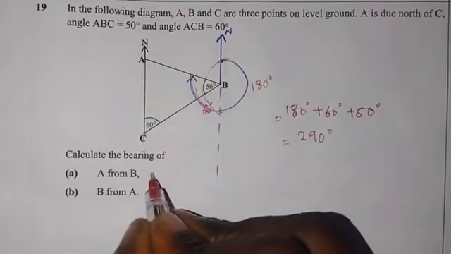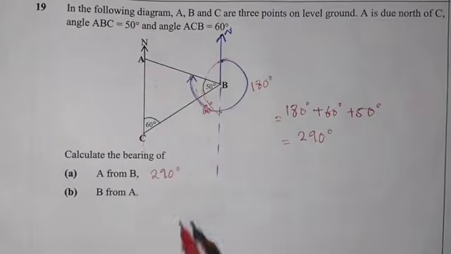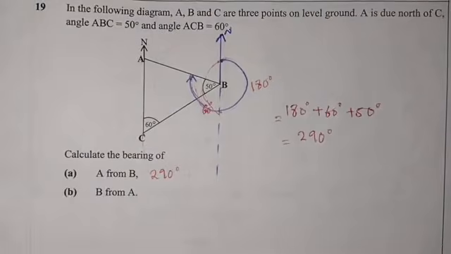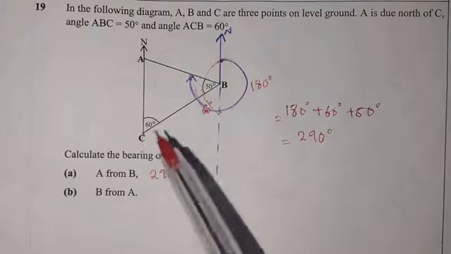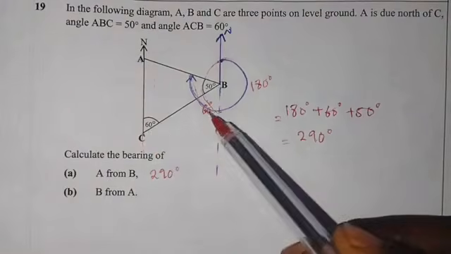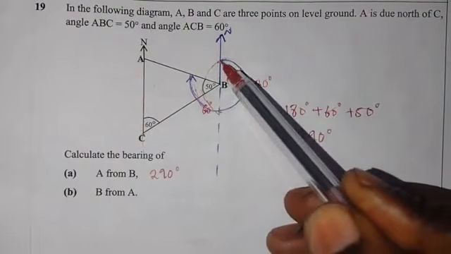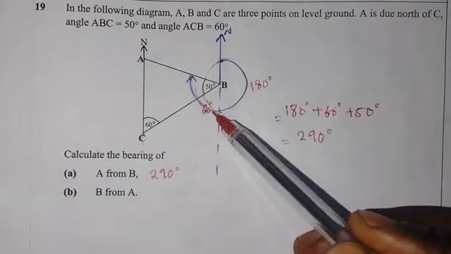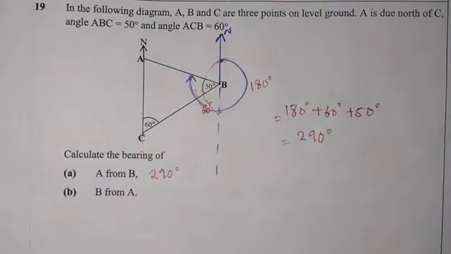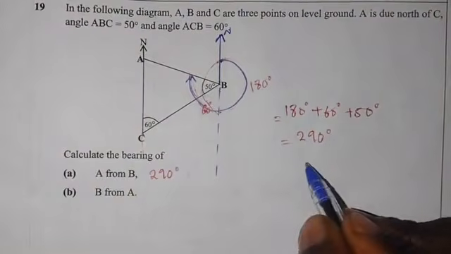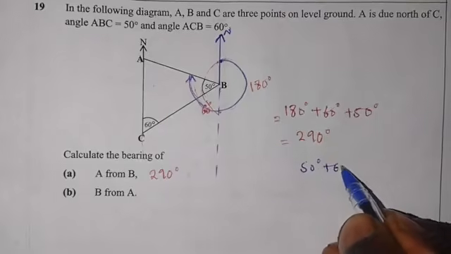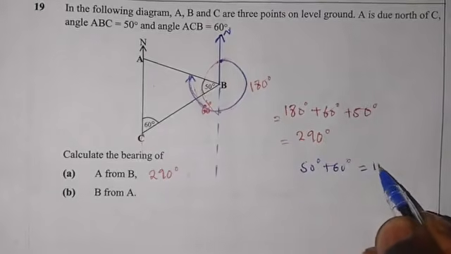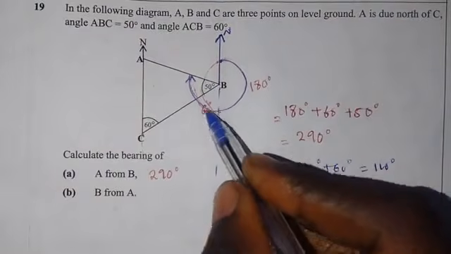So this is the bearing here. We'll get 290 degrees. You have seen, very easy to work out this one. Then before we even come to this one, we can even do this. Since here there is a 60, here there is a 50, and we don't know the angle which is here, and this is 180 as well. We say this 50 degrees plus this 60 degrees will give us 110 degrees just from here to here.